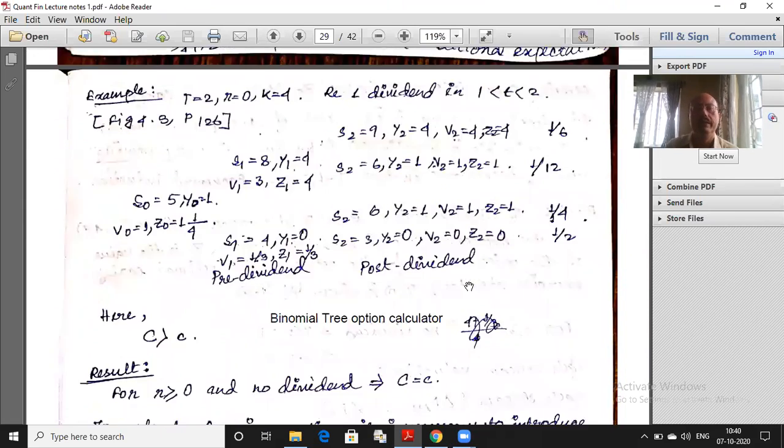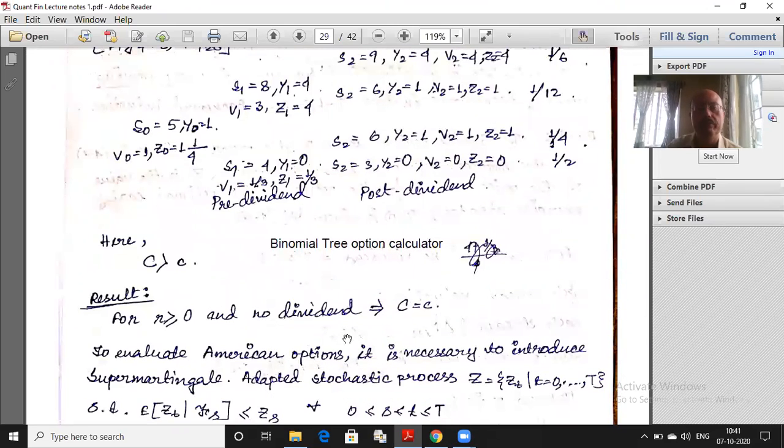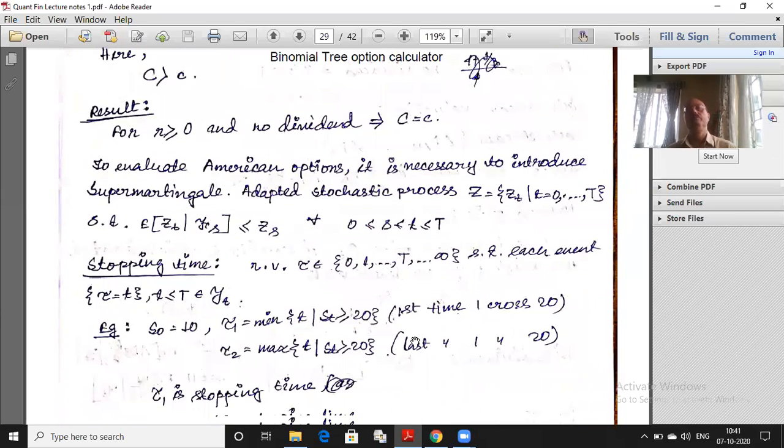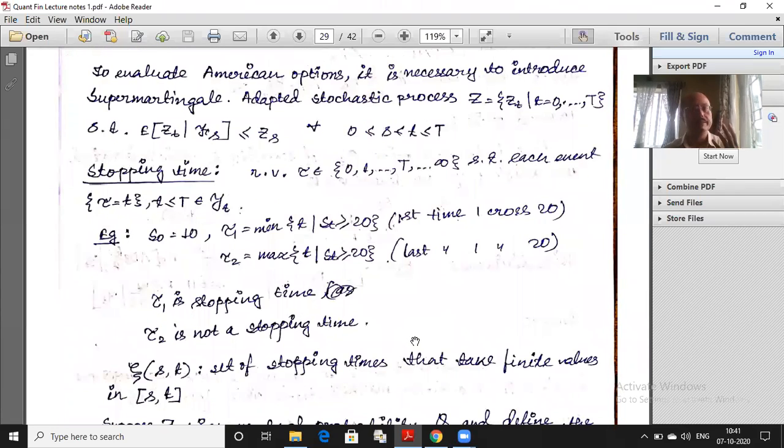In general, we have the result that if I have no dividends and a constant interest rate, then European and American call option will coincide, which means American option will not be exercised early. Then we generalize to the principle of evaluating American options because it is complicated. I can exercise it in all the intermediate time points. So it depends on the whole history.